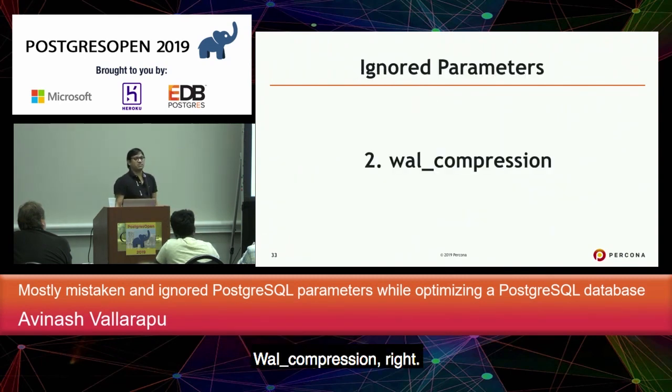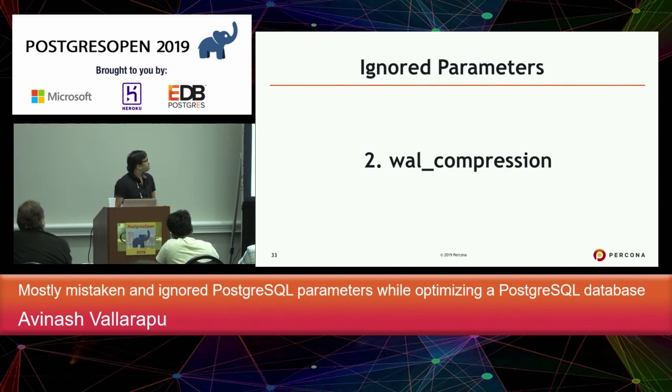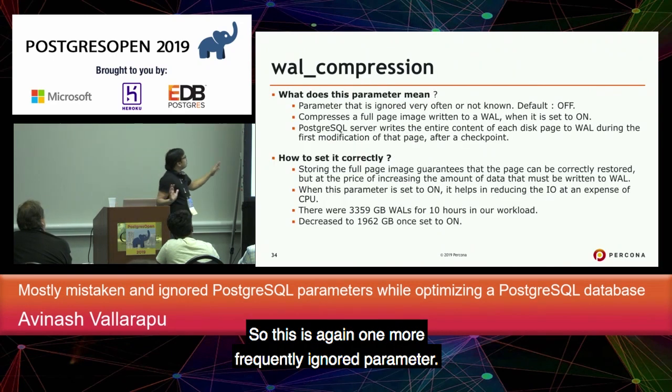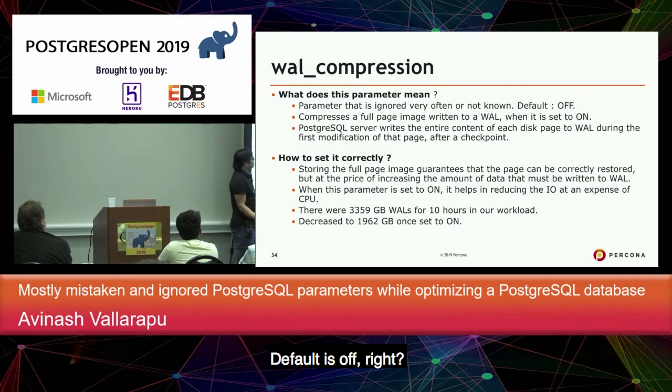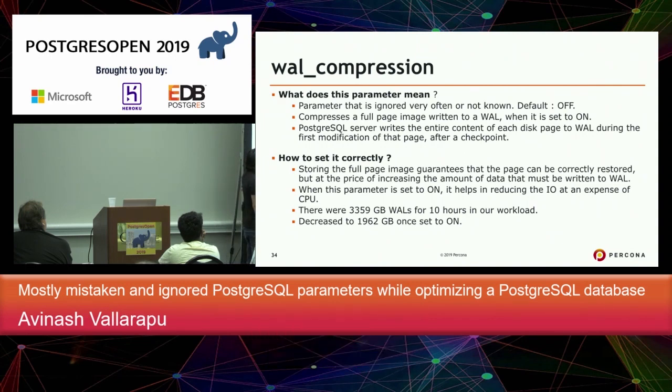wal_compression, right? This is one more important parameter, I think starting from Postgres 9.5, if I remember correctly. So this is, again, one more frequently ignored parameter. Default is off, right? What it does is, we need to be very careful.